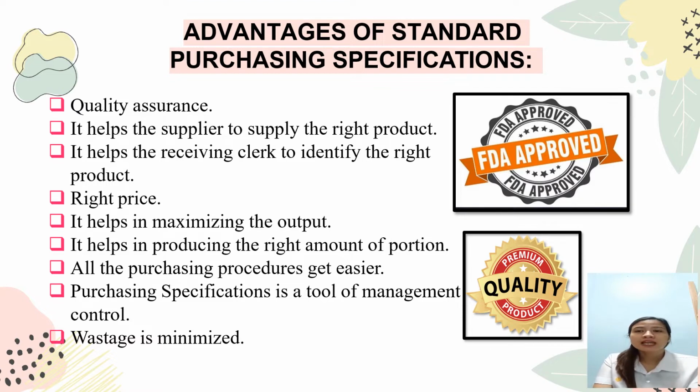So for these slides, we have the advantages of standard purchasing specifications. First is quality assurance. It helps the supplier to supply the right product, and it also helps the receiving clerk to identify the right product.